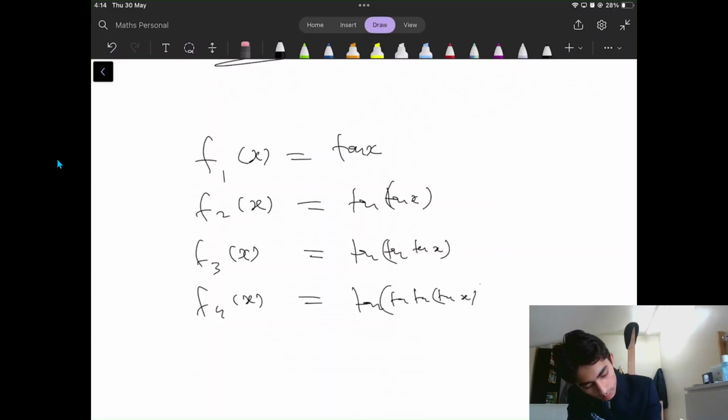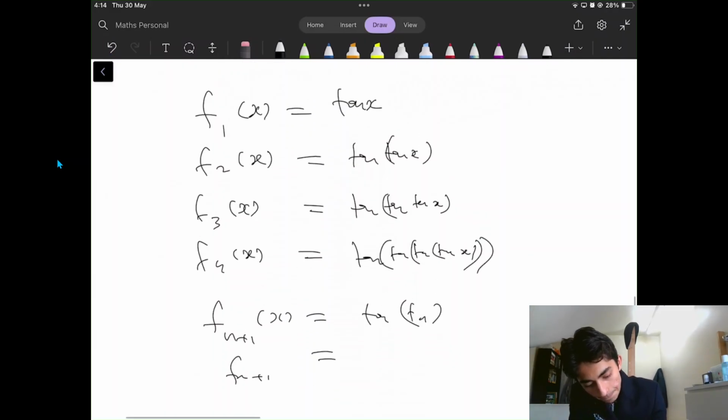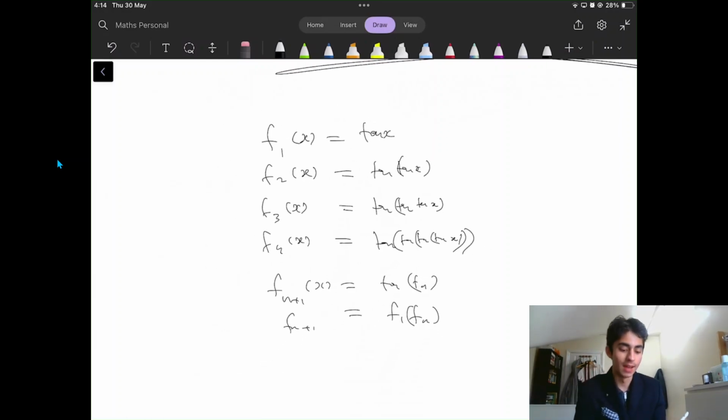This actually looks ugly, but we try our best. And f(n+1) to be tan of fn, right? In other words, f(n+1) can be written as f1 of fn. Yeah, f1 of fn. Okay.